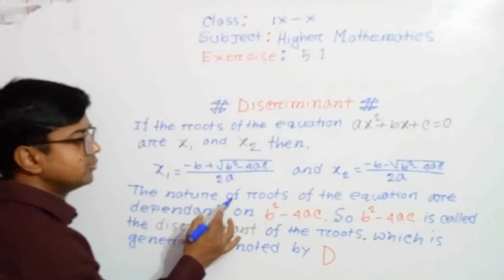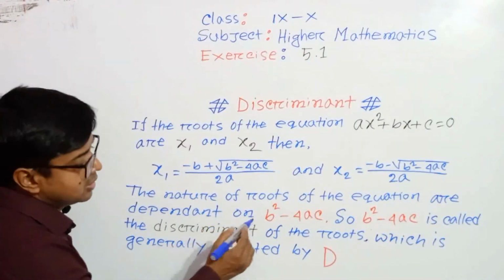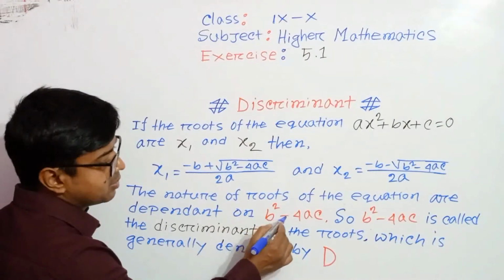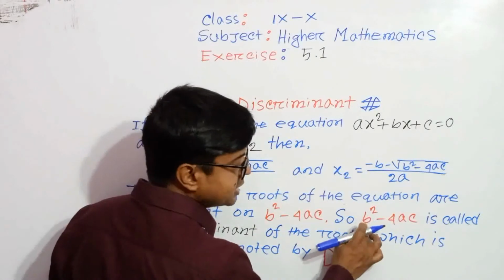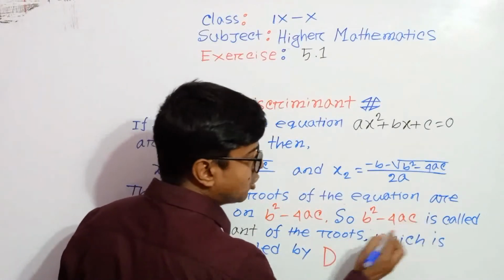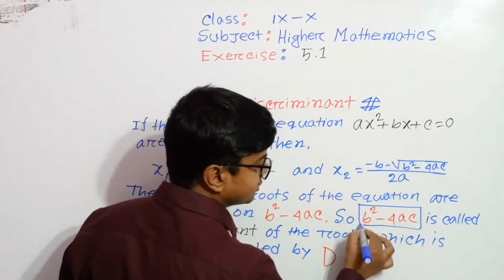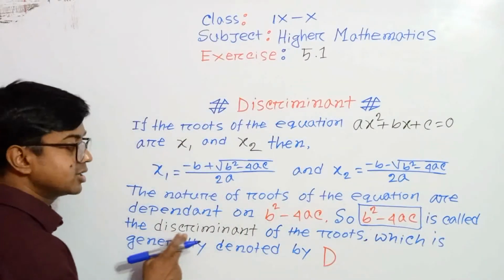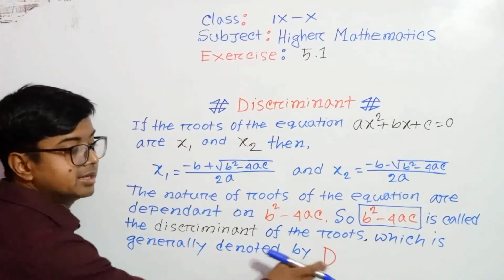The nature of the roots of the equation depends on b squared minus 4ac. So b squared minus 4ac is called the discriminant of the roots, which is generally denoted by D.